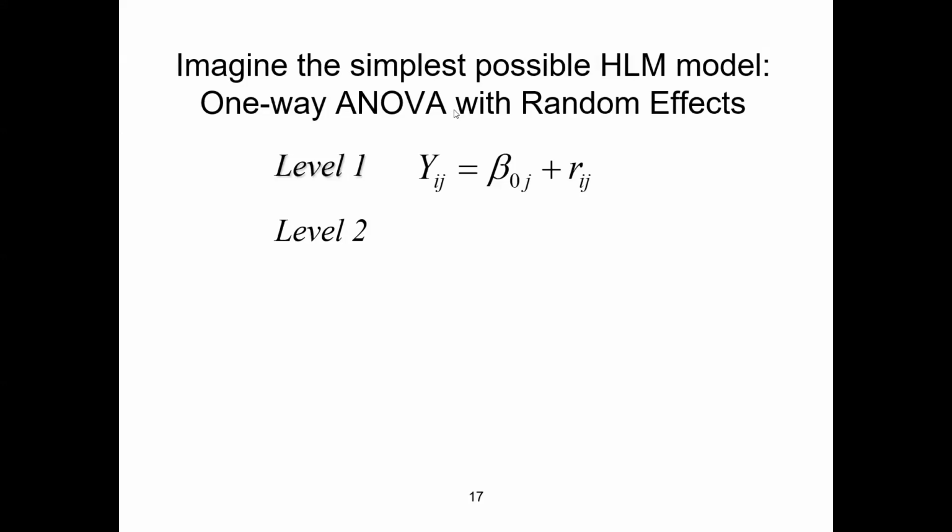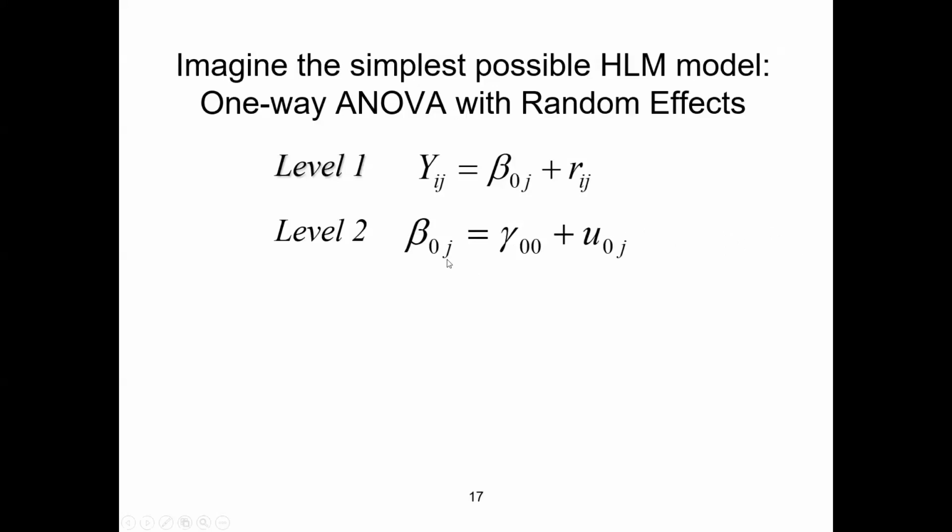I'm going to start with a review of the simple one-way ANOVA with random effects. That's what we often call the unconditional multi-level model. Here we have a really empty model, y sub ij.